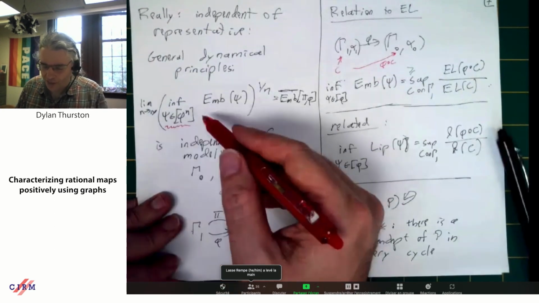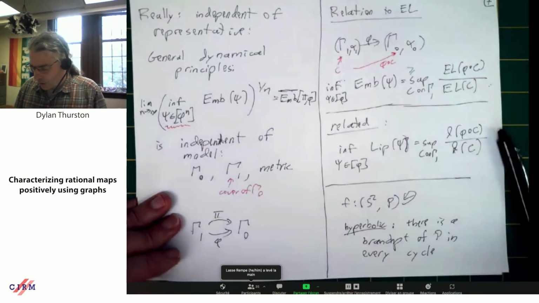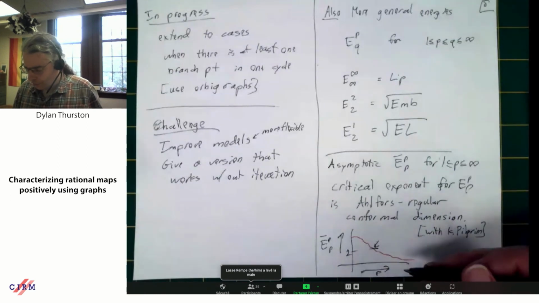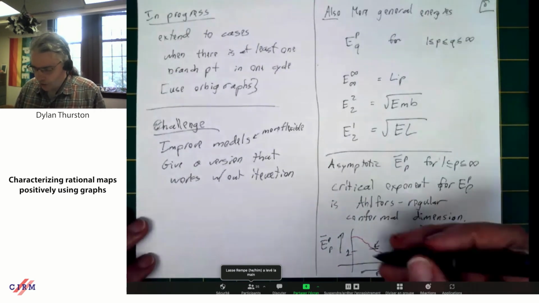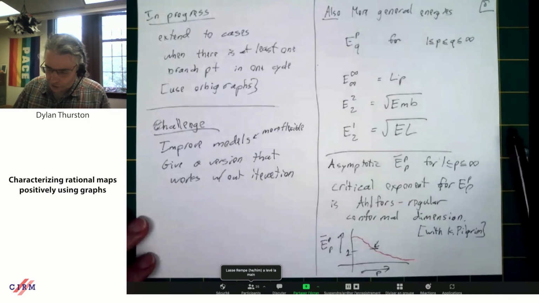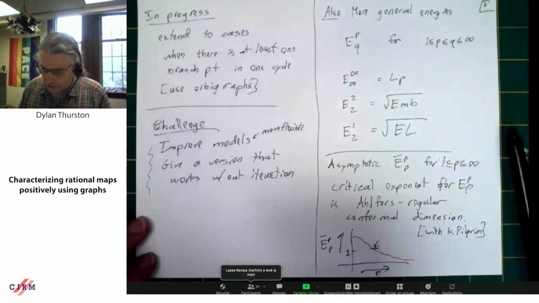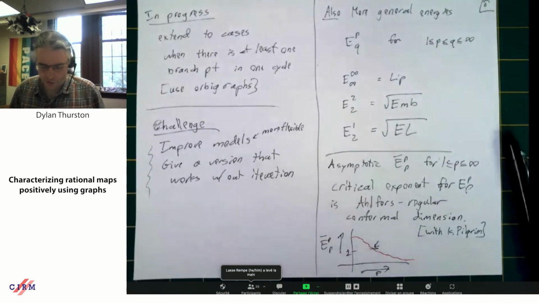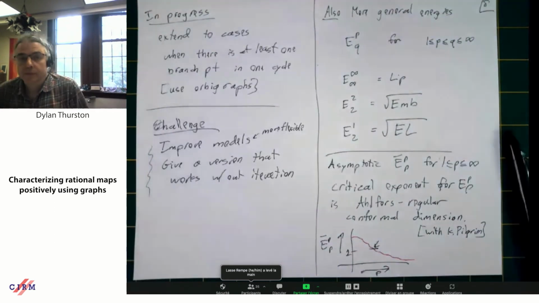You have something and you just iterate that. So I don't know how to fit that in that setting. On the other hand, I also think that this should be related to getting improved models. Maybe if you improve models, you get something where you don't have to take the infimum after iterating. Thank you.